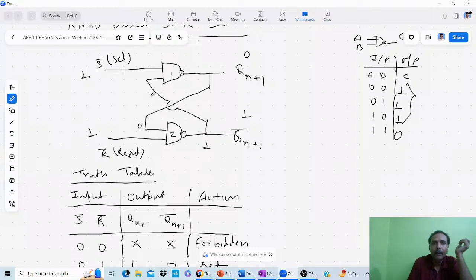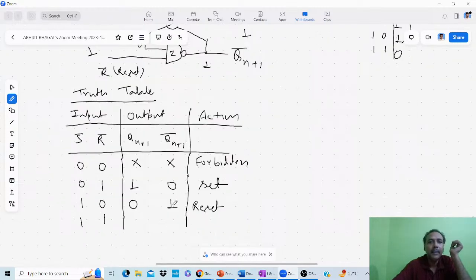Now when this is 1, this is 1, so here 1, 1, output will be 0. Okay. Means previously the output was 0, 1, and after this 1, 1, you are getting the same 0, 1. Means there is no change. This is the hold condition.